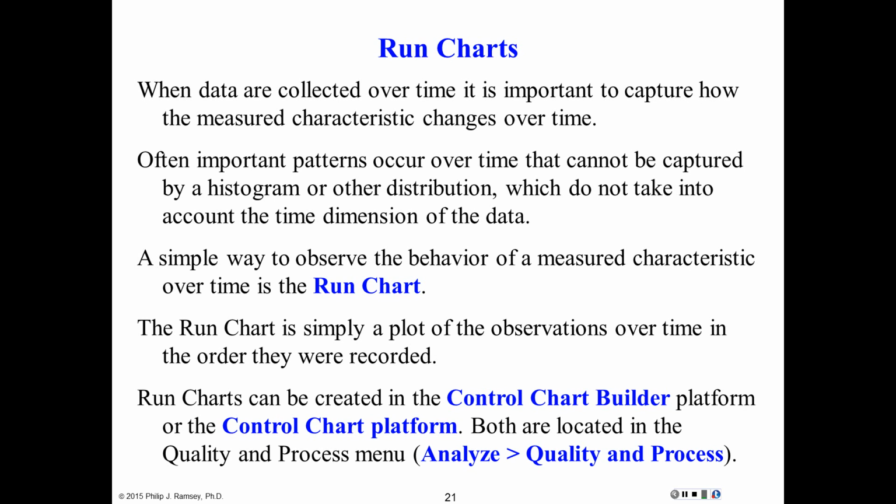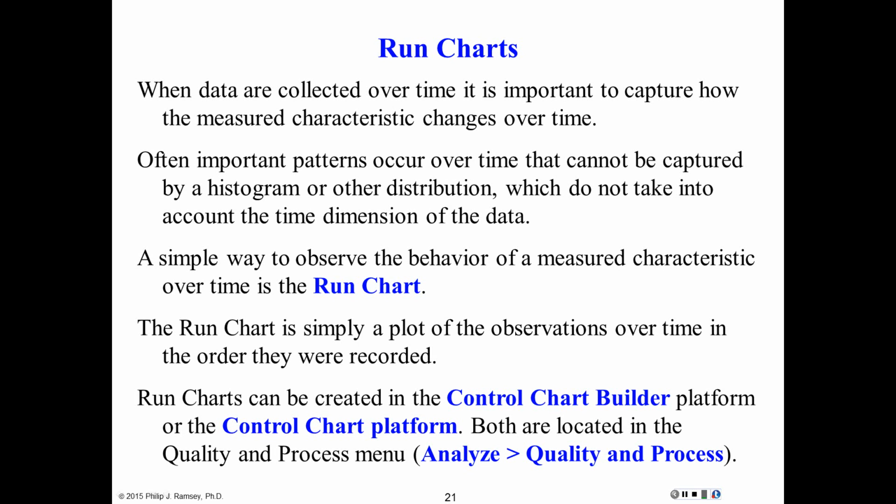There's just noise or common cause variation present. So just forming a histogram of your data when you collect it over time, without realizing it, you're making an assumption that this process is indeed stable. However, it may not be, and one of the ways we can tell is to simply plot it over time, and we call it a run chart.